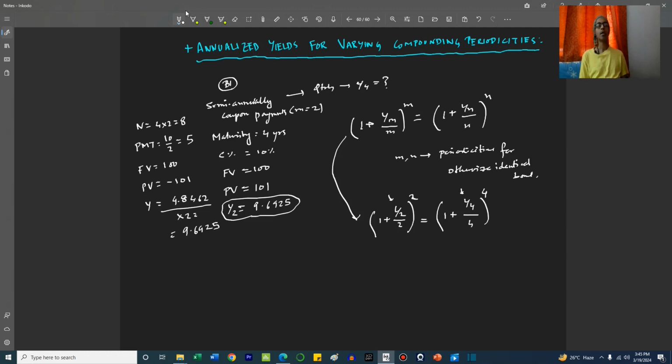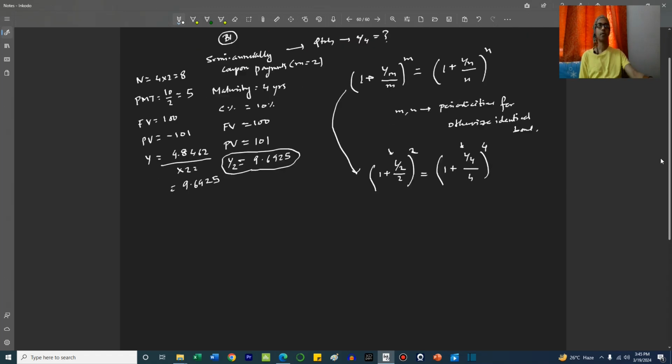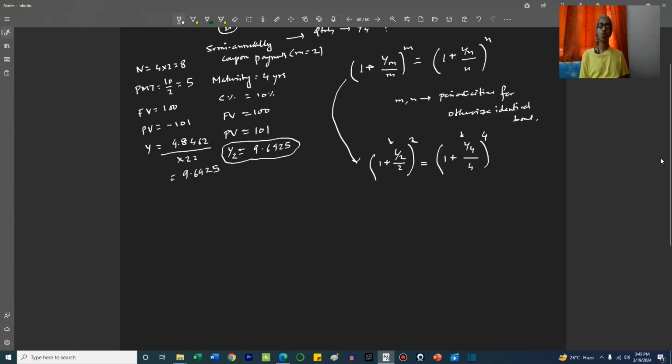Y4 is for the quarterly compounded case. Again I'll repeat, Y2 and Y4 are annualized yields for semi-annual compounding and quarterly compounding respectively. These are not the periodic yields.